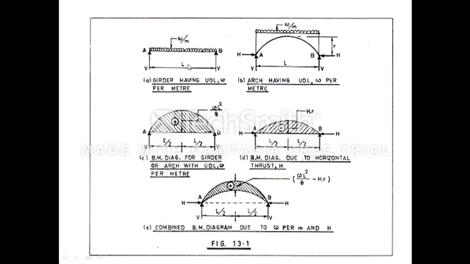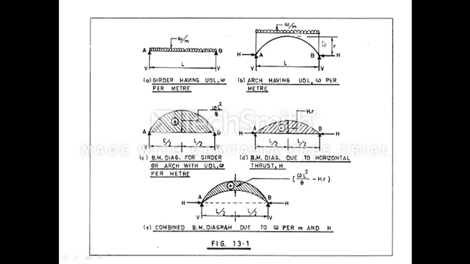For example, for very large spans, something like auditoriums, the depth of the beam becomes very large. It may create obstruction for the view in case of auditoriums, if you go with beams. Similarly, let me consider an arch of the same span as the beam and carrying the same load.